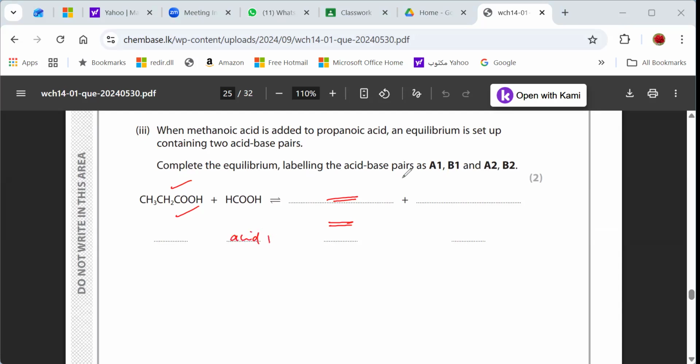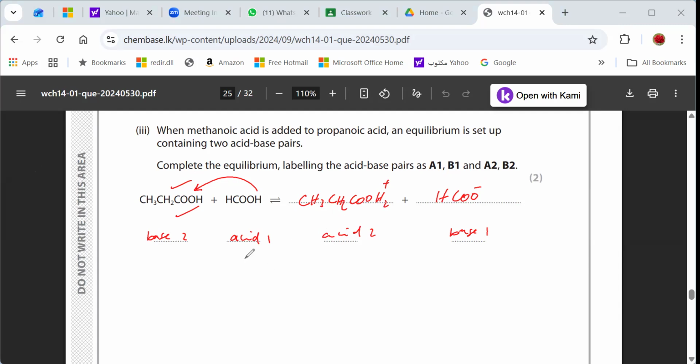They said labeling acid 1, it doesn't matter. And this will be base 2. And then the methanoic acid is going to give a proton to the propanoic acid. And so it will form CH3CH2COOH2+ plus HCOO-. So this will be base 1, and this will be acid 2.